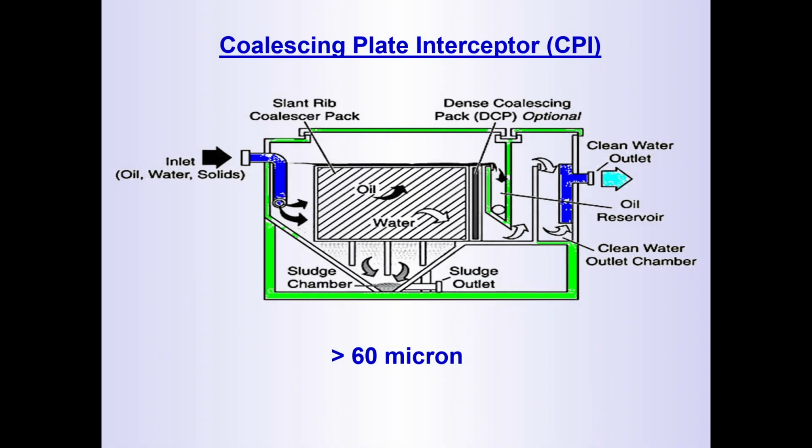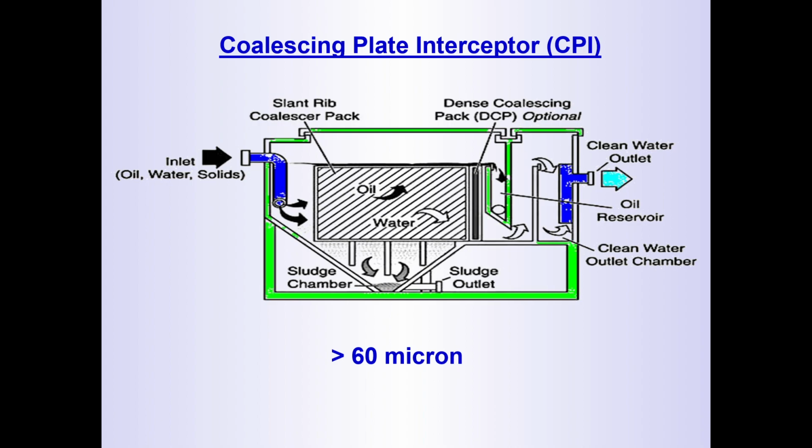Next one is the coalescing plate interceptor. You can see it is having the inlet. The inlet has oil, water and solids, and at the outlet we get pure water. Let's see what is being done. Please see the diagram, which has a number of parts.